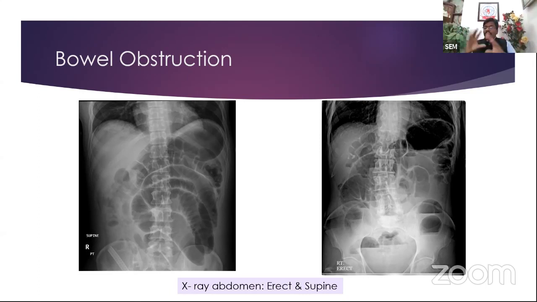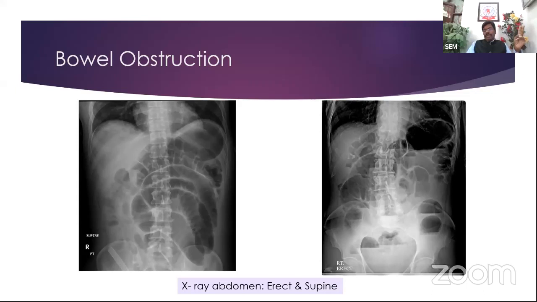So for any acute abdomen, you do all three X-rays: X-ray chest erect, X-ray abdomen erect, X-ray abdomen supine.